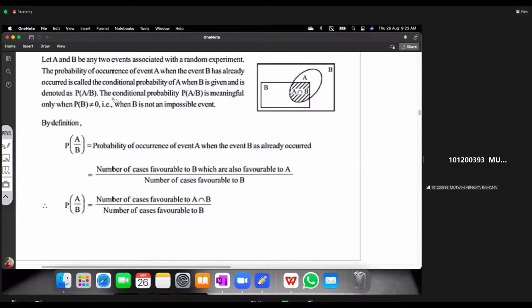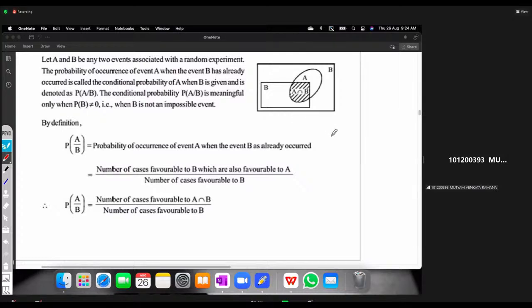The probability of occurrence of event A when the event B has already occurred is called the conditional probability of A when B is given, and it is denoted by probability of A given B. The conditional probability P of A given B is meaningful only if P of B is not equal to 0. So what is this conditional probability? Simple.